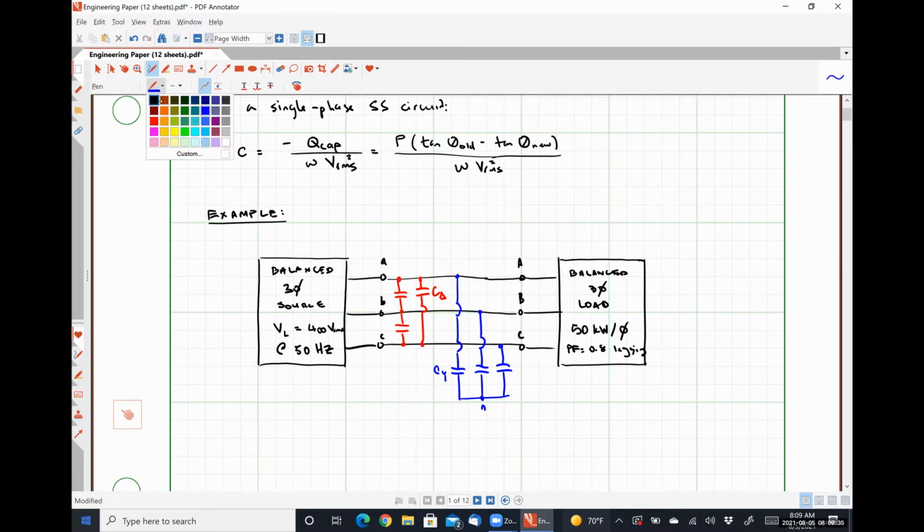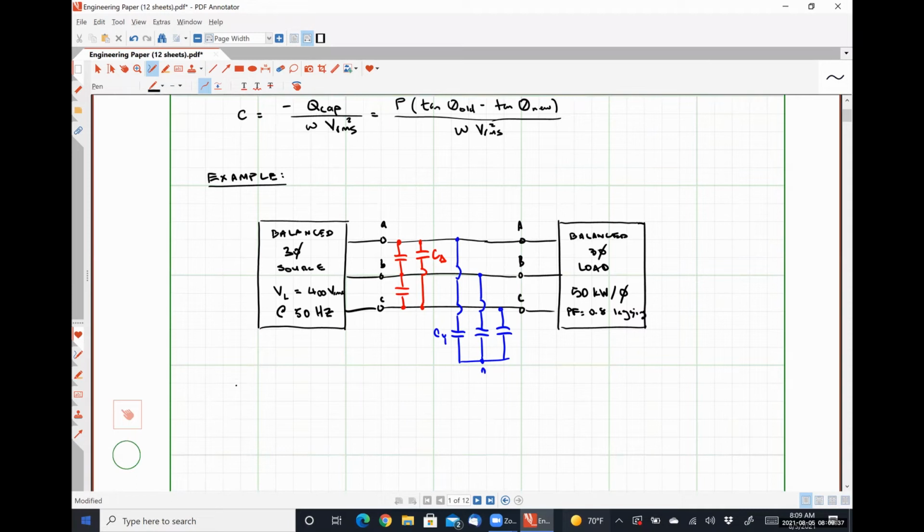So we want to know, to be clear here, CY and C delta to correct the power factor of the load to 97.5% lagging.